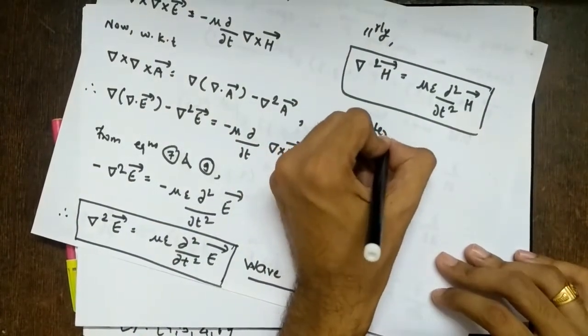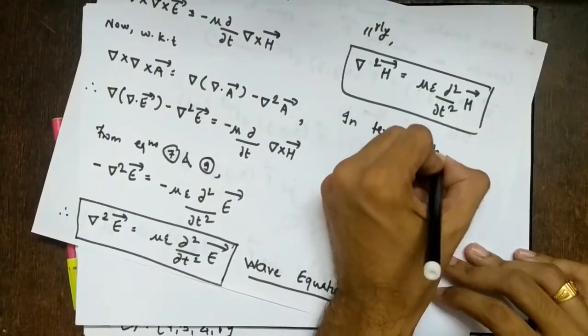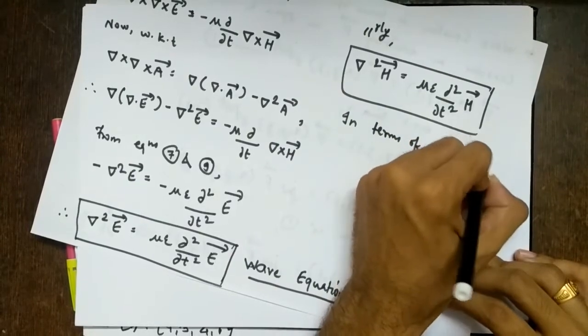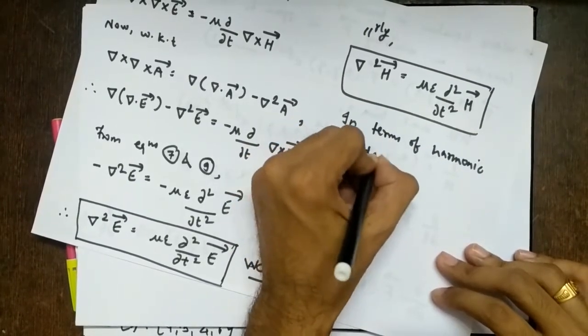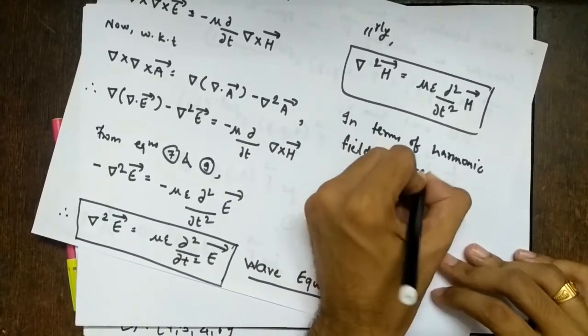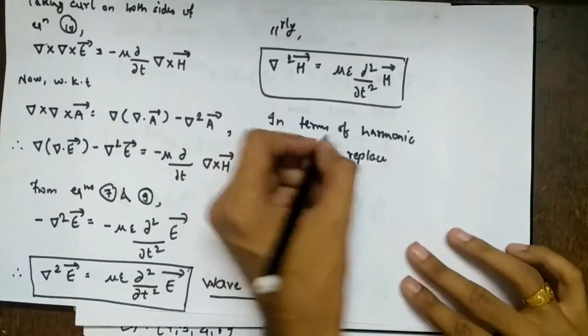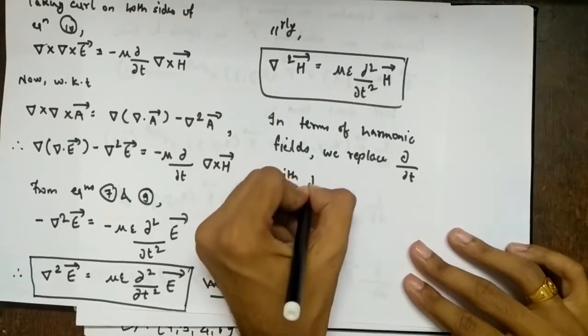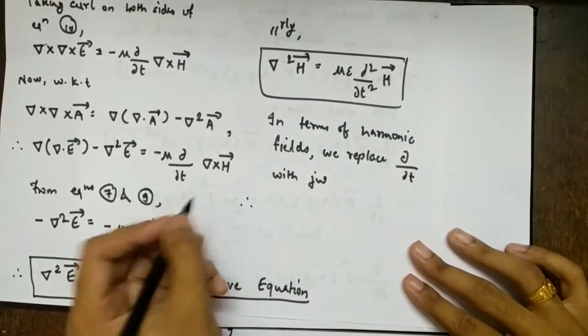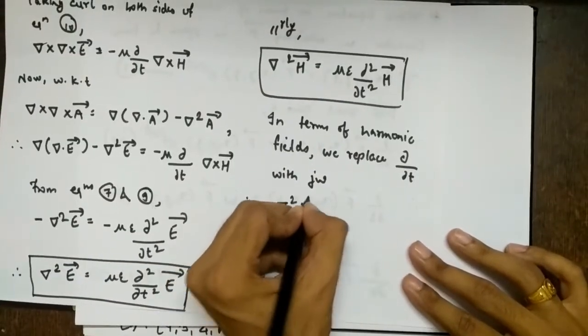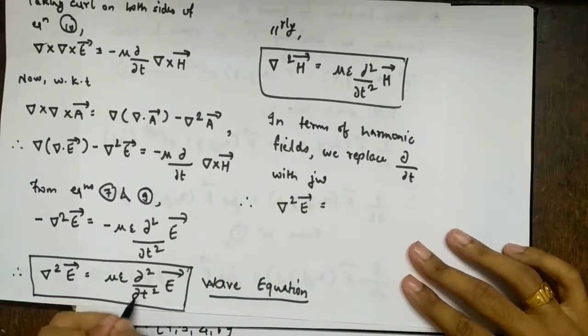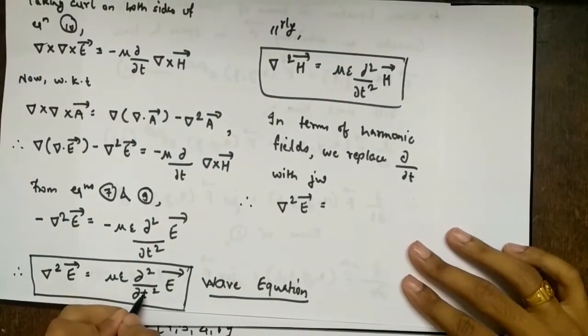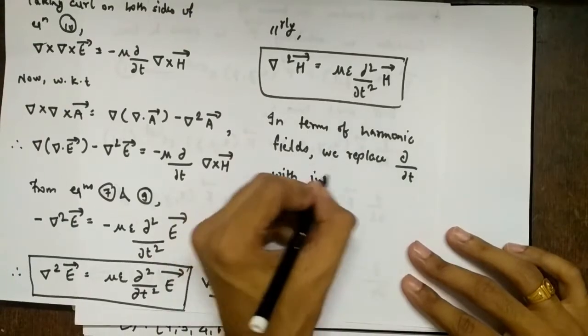Then further you write in terms of harmonic fields, we replace ∂/∂t with j omega. Therefore del square e vector equals, what is ∂/∂t? It is j omega, but this is ∂² by ∂t², so it will be j omega the whole square.